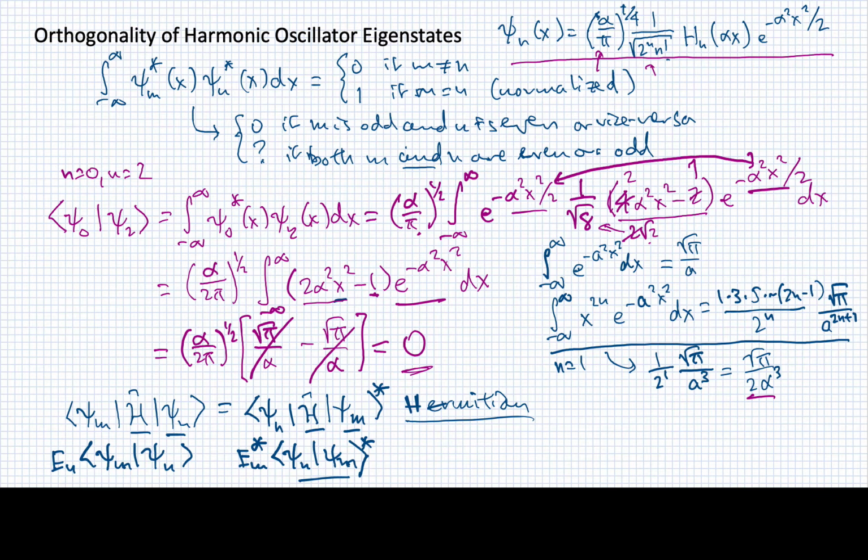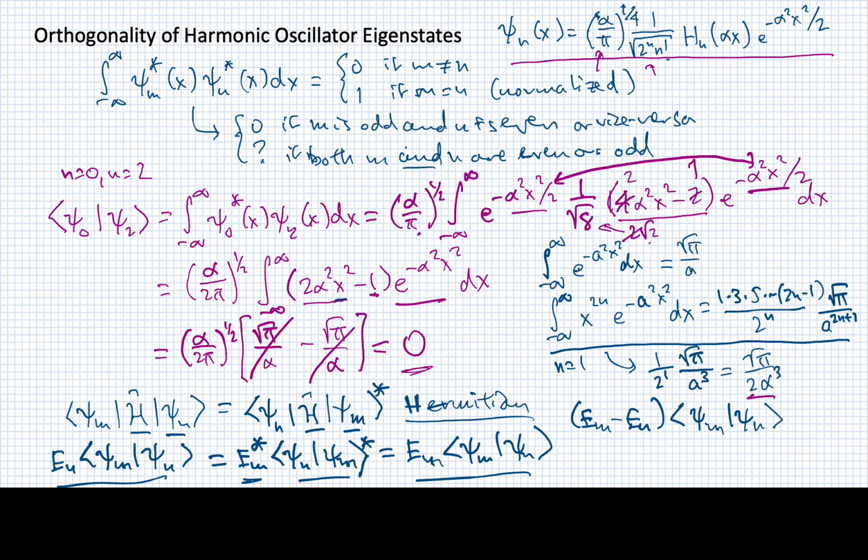Okay, but since I know the eigenvalues are real, this is just equal to E sub m times the overlap of psi m and psi n. But when I combine this side and this side on the same side of the equation, I can write this as E sub m minus E sub n times this integral equal to 0.